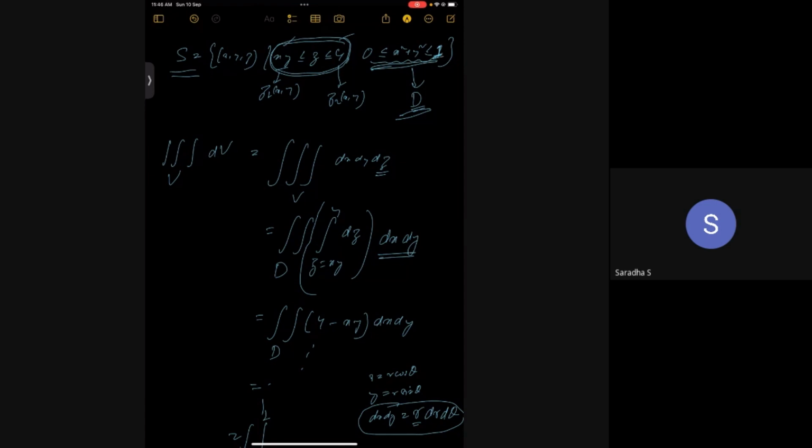It's a disk of radius 1, so r goes between 0 and 1, theta lies between 0 and twice pi. And 4 minus r squared cos theta sin theta dr d theta.